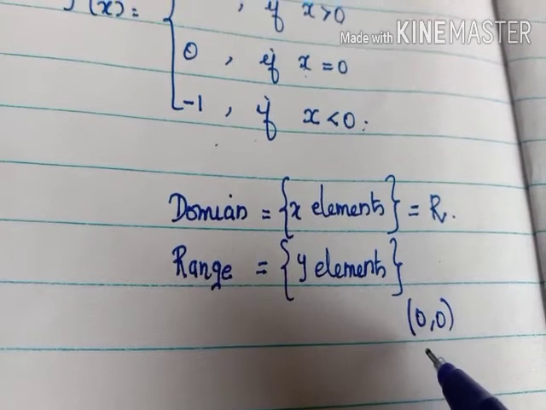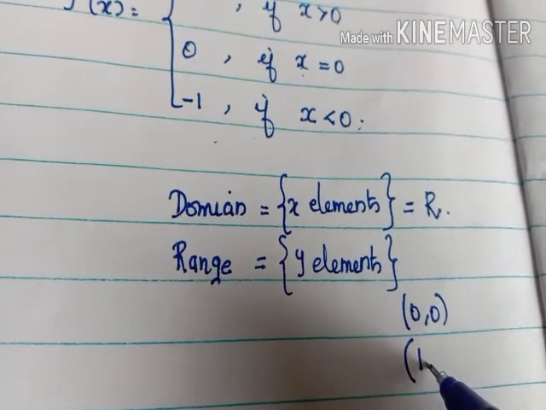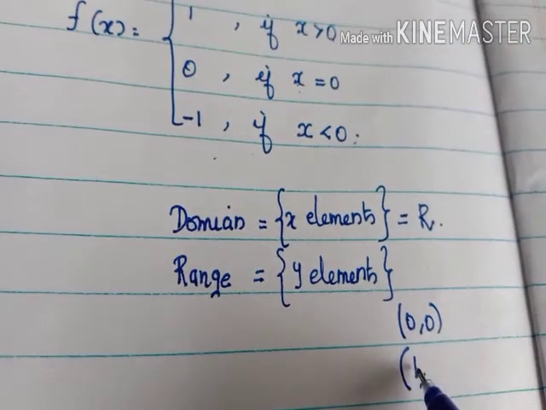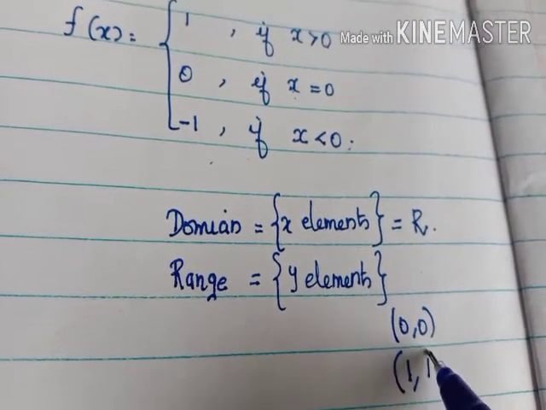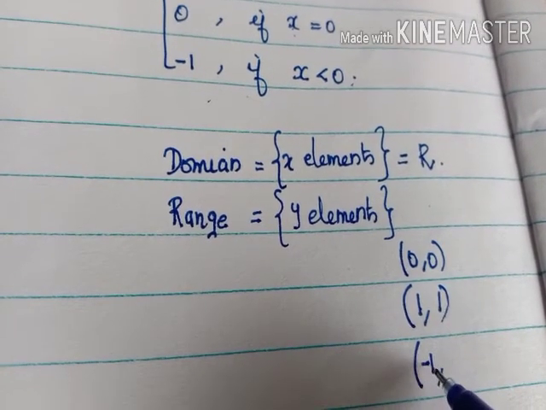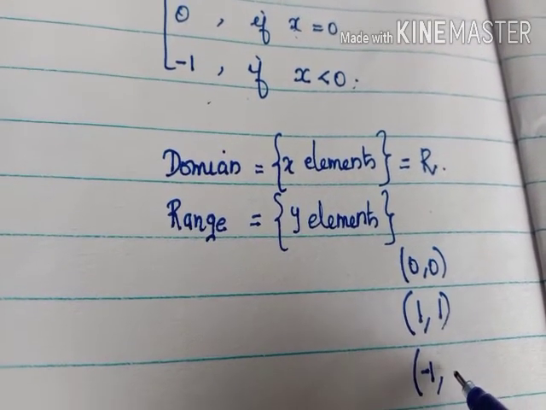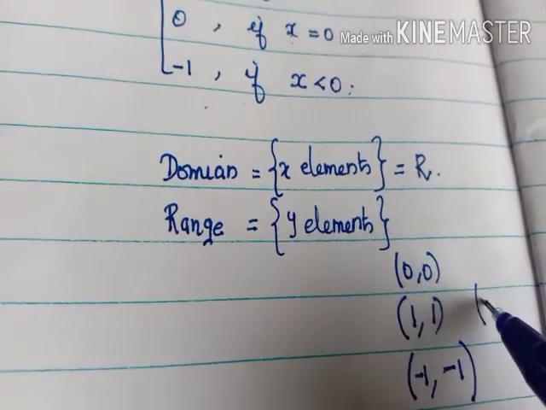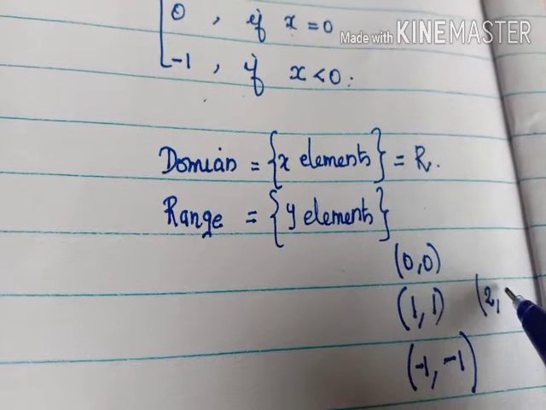If we put x equal to 1, which is greater than 0, what is its y value? 1. If we put x equal to negative 1, what is the y value? It is negative 1. If we put x equal to 2, what is its y value?